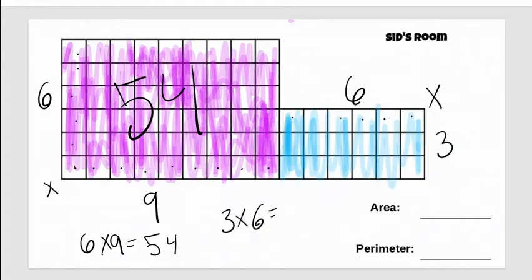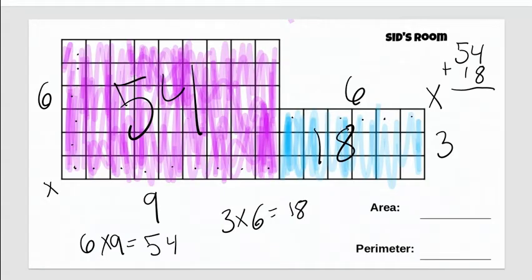And 3 times 6 equals 18 square units. So we have a section that is 54 square units and a section that is 18 square units. We got to put both of these together now to get the area of the entire room.